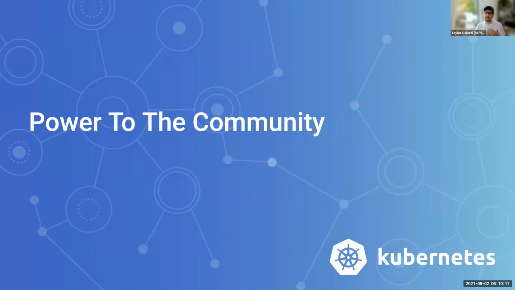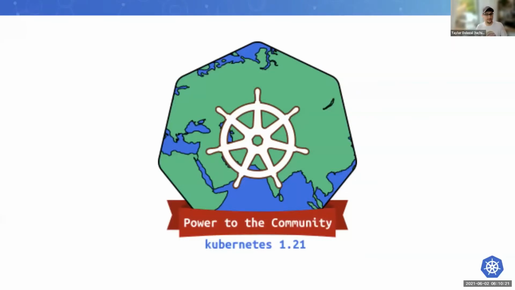So we know the name of the Kubernetes 1.21 release. It also has a mascot or a logo. In Kubernetes 1.21, the release lead was Nabarun Pal, and this was the logo, theme, and mascot that he chose. You can go through the Kubernetes SIG release repository, I believe, and take a look at all of these images for each of the different releases.